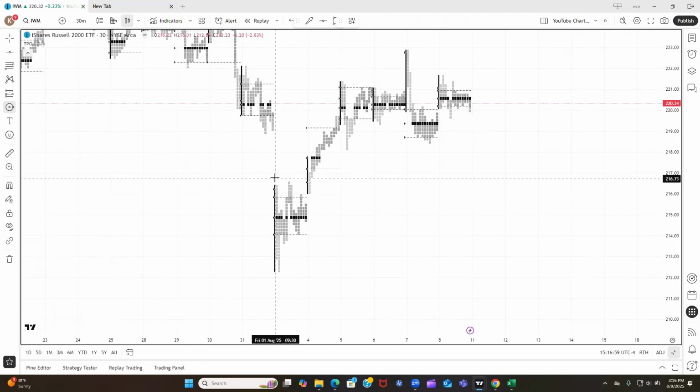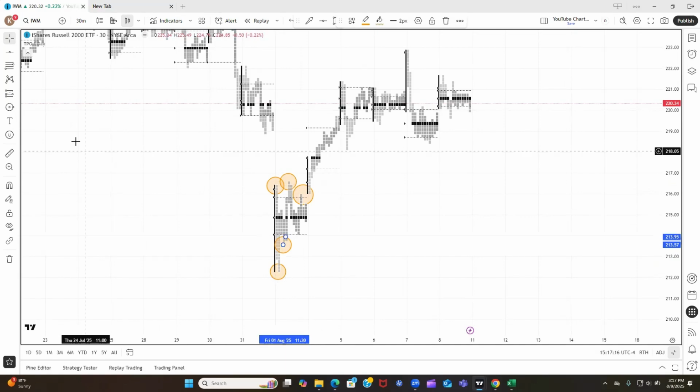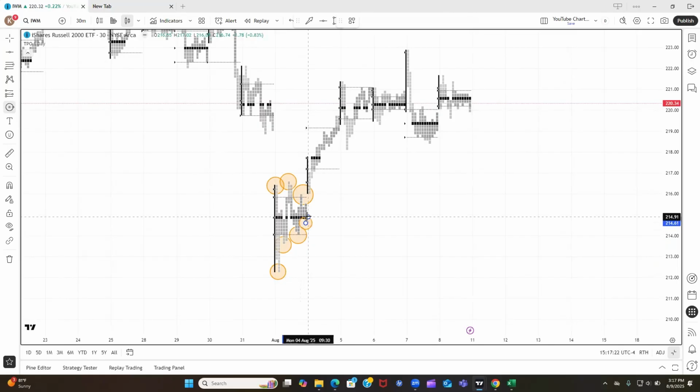Okay. So the money is located here, here, because these are swing lows, right? Here. Money is also located here, here. This is the liquidity here. And lastly, here.